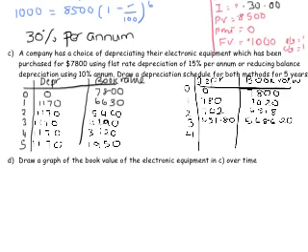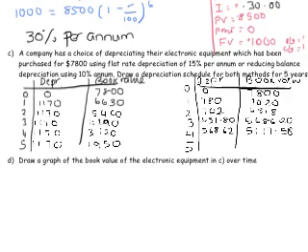So in the fourth year, the depreciation is 10% of 5,686.20, excuse me, which is $568.62, and we're going to take that away from 5,686.20, which leaves us with $5,117.58.